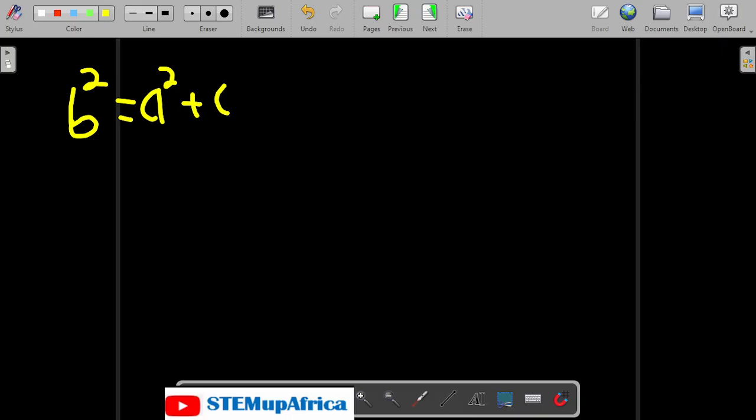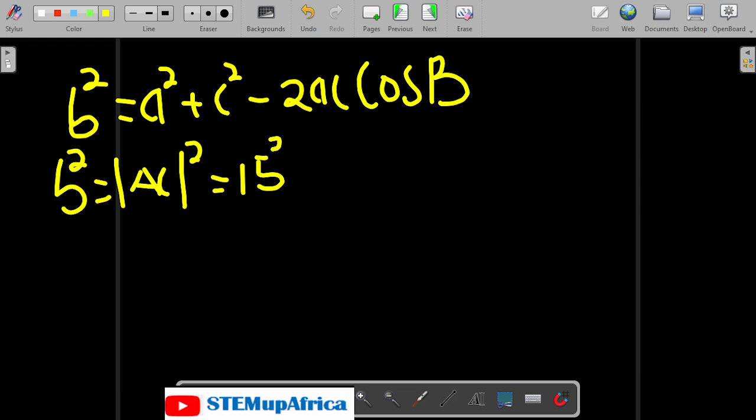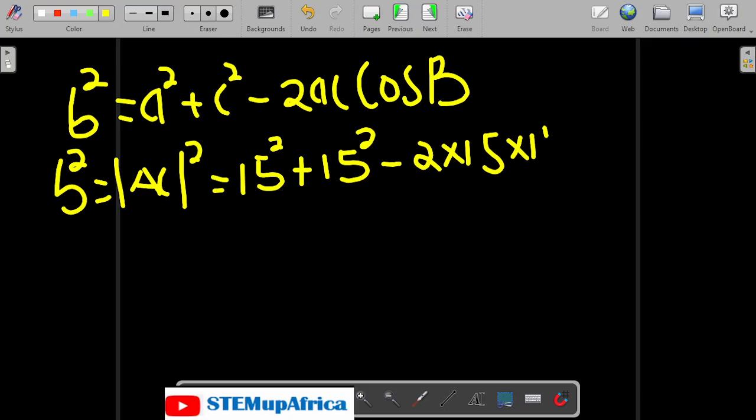So I will have small b squared equals a squared plus c squared minus 2ac cos big B. So small b squared now will represent my AC squared. The value is now 15 squared plus 15 squared minus 2 times 15 times 15 times cos 120 degrees.